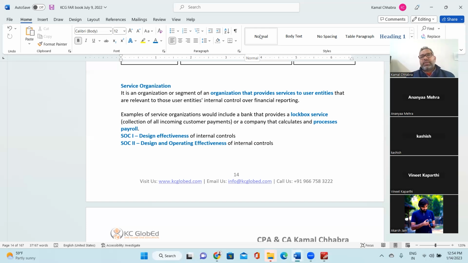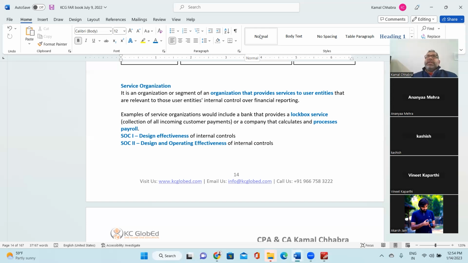That is the reason it is sufficient for them to have a SOC 1 report, because they are not required to test the internal control. But management can request the service organization to provide a SOC 2 report. It's not mandatory, but it's a good practice to do that, right?